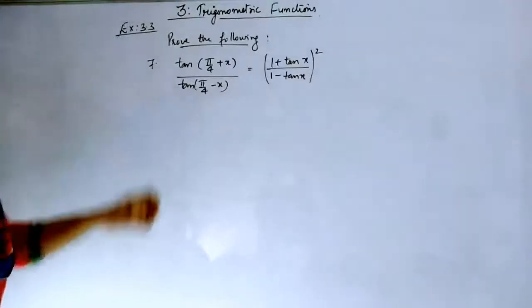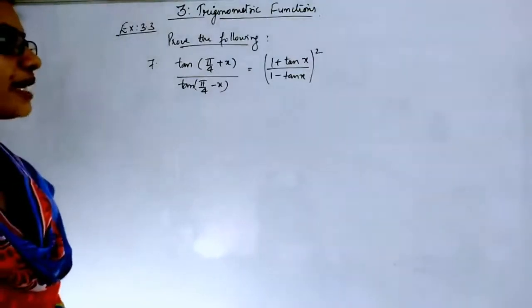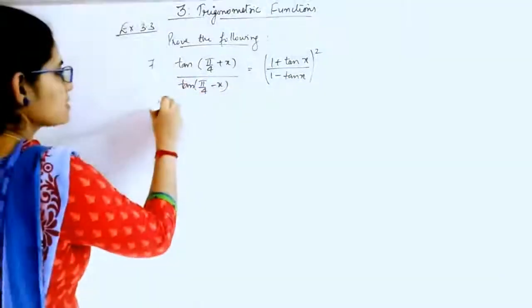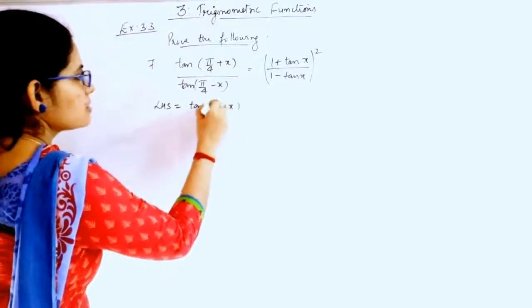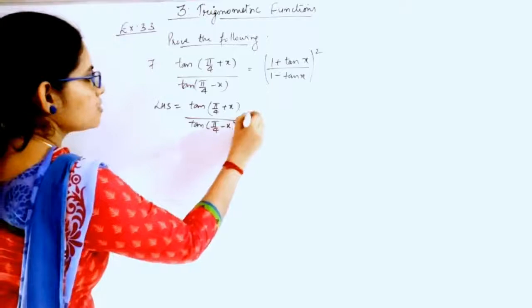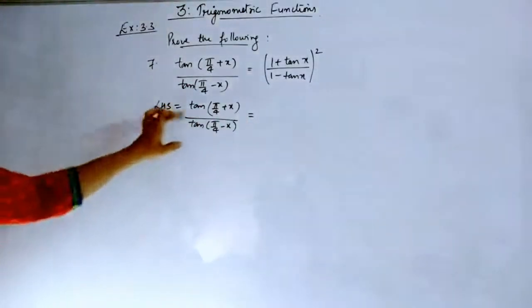Seventh question: tan of (pi by 4 plus x) divided by tan of (pi by 4 minus x) is equal to ((1 plus tan x) by (1 minus tan x)) the whole square. So we'll start with LHS, which is tan of (pi by 4 plus x) divided by tan of (pi by 4 minus x), and you can use your formula for tan of (x plus y) and tan of (x minus y) respectively.